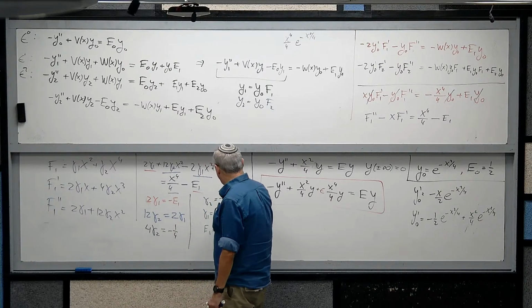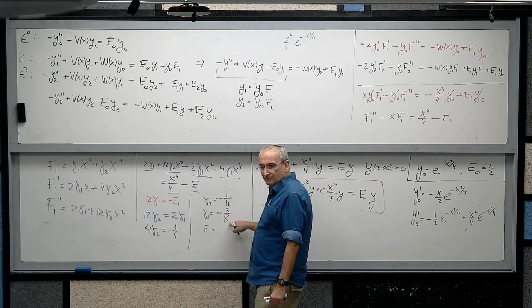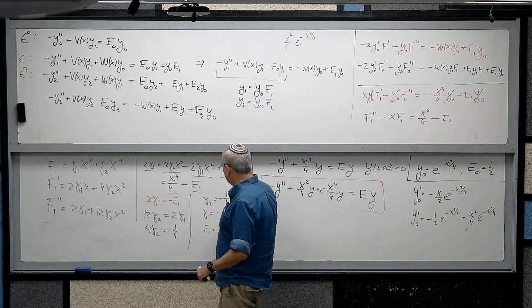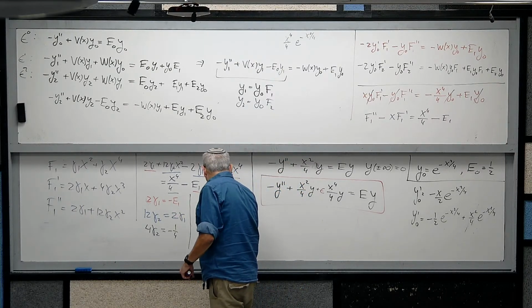Yes, but 2 gamma 1 is minus 3/4. Minus 3/4 is minus E1, so E1 is 3/4.